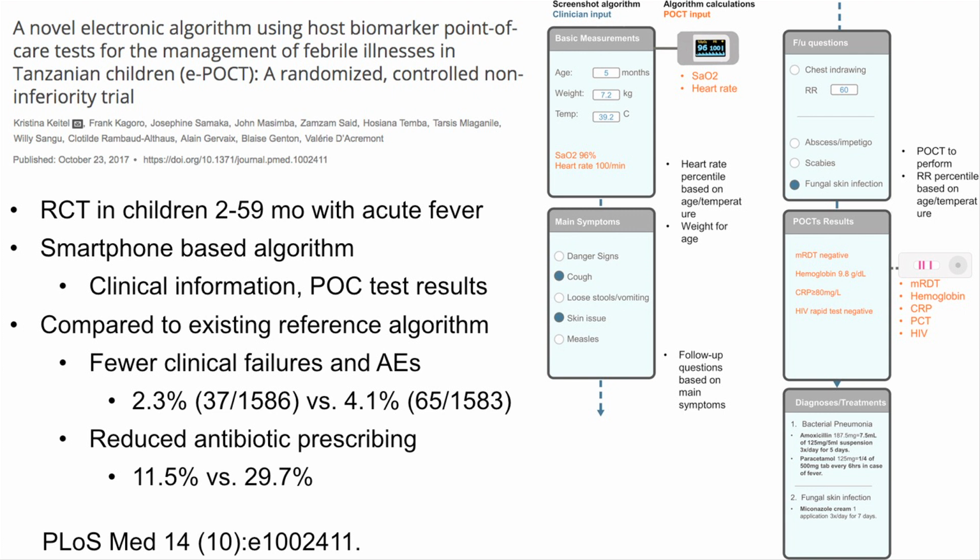They put the point-of-care malaria and HIV test results, CRP test results, procalcitonin, and then it follows an algorithm, and they were able to show decreased clinical failures returning to be hospitalized for a febrile illness, while also reducing antibiotic prescribing from almost 30% down to 12%.